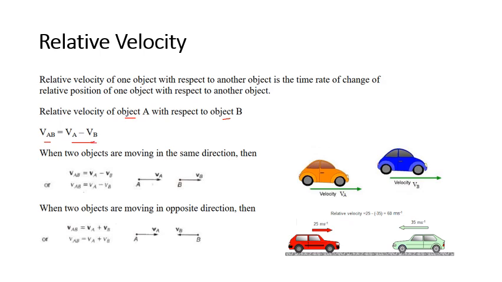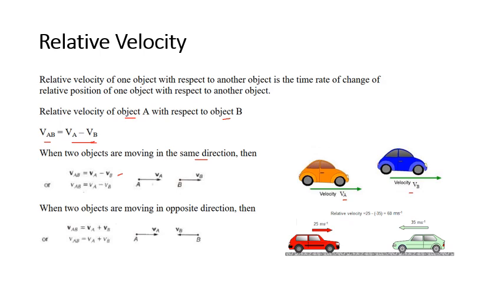So imagine two objects moving in the same direction. Look at the diagram. This is your first object, object A, and this is object B. Both the cars are moving in the same direction. Then what will be the relative velocity? VAB equal to VA minus VB.